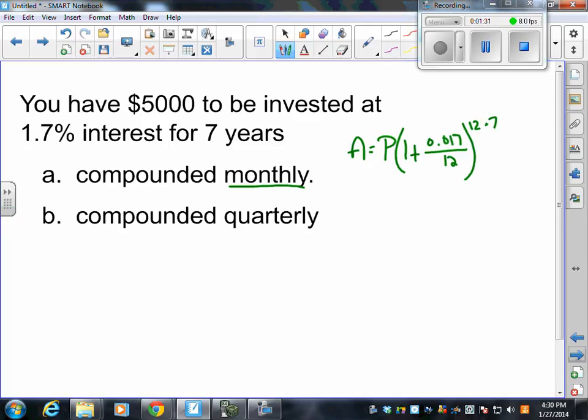And let's go ahead and put in what our principal was, which in this case was $5,000. So that's what I want to use to find how much money I'm going to have at the end of those 7 years.